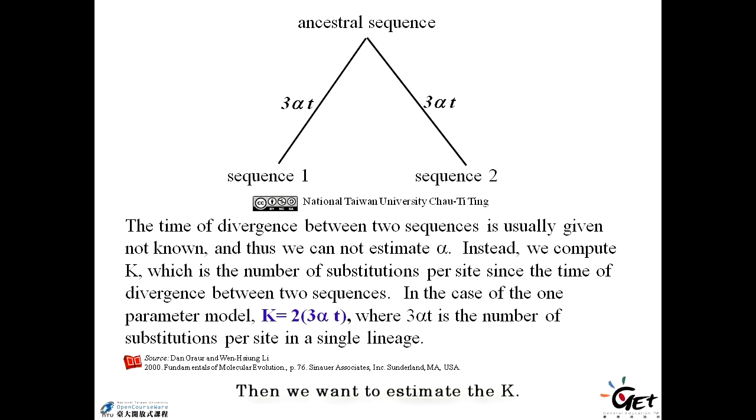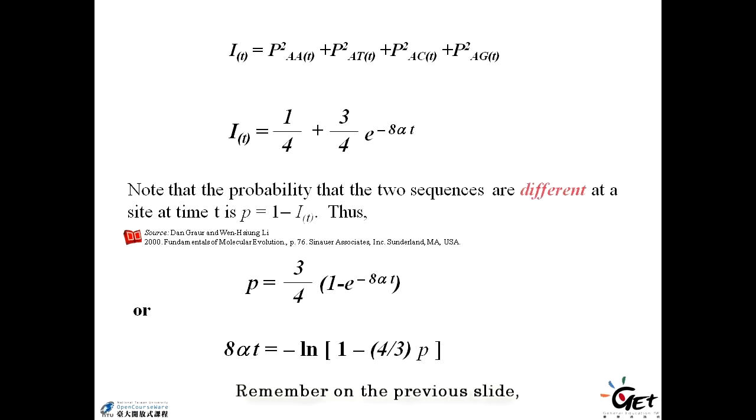Then we want to estimate the k. Remember on the previous slide, we can rearrange the formula to 8 alpha t equals the natural log of 1 minus 4/3 times p, that's the probability. So that's the bottom part, the minus natural log of that formula.